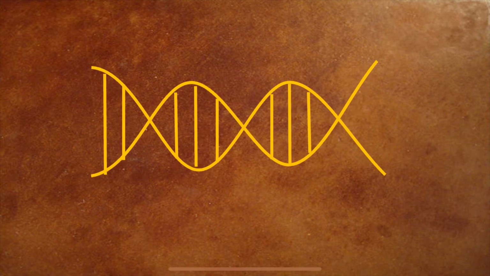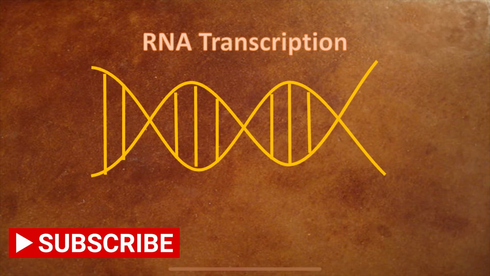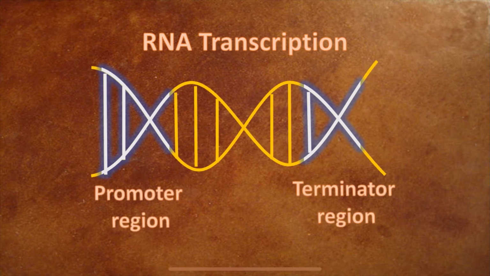So let us learn directly how RNA transcription, the process for RNA synthesis, takes place. For that, in DNA there are two major regions. One is called the promoter region and at the end it is called the terminator region. The promoter region is the place from where RNA transcription will start.